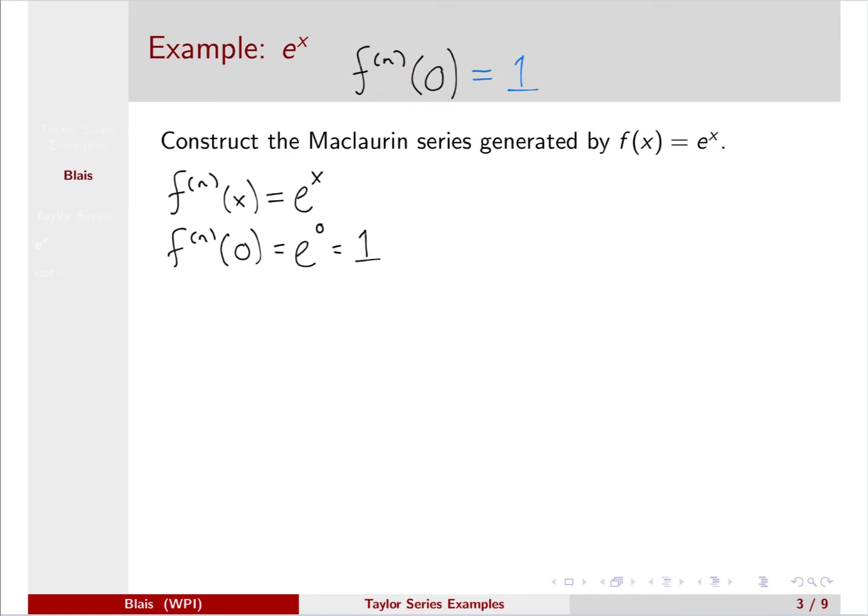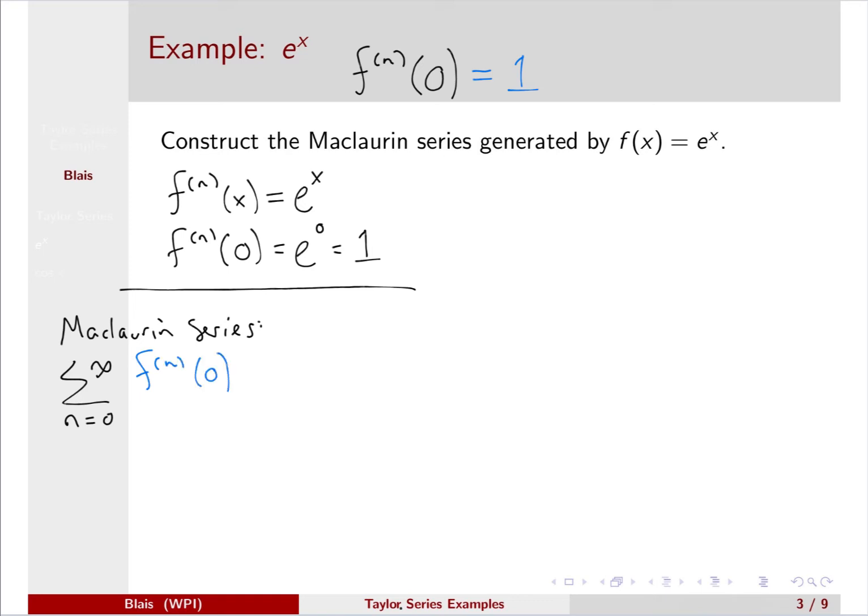And so our Maclaurin series is thus the sum n goes from 0 to infinity. Recall we have the nth derivative of f at a, in this case 0, over n factorial times x minus 0, in this case, to the n.